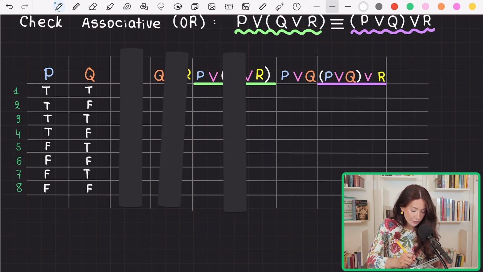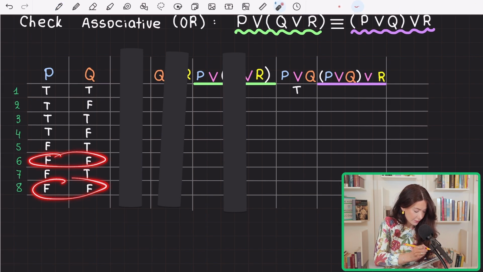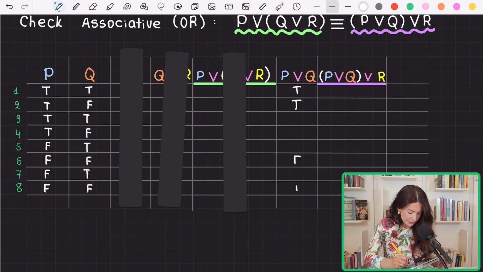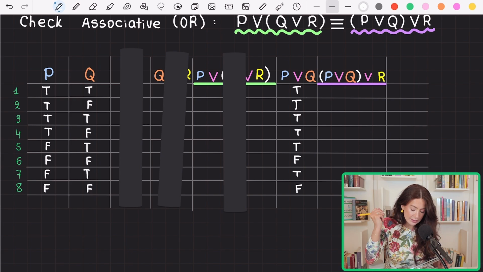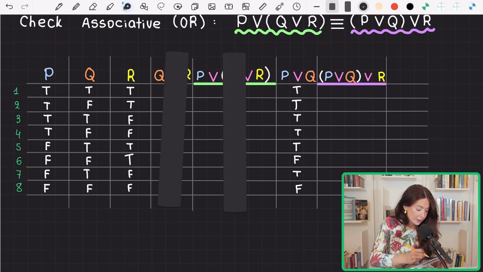So P or Q, it is true everywhere except when both of them are false. Fill out false first, and then everything else is true. Now I uncover R, and I cover P and Q individually.